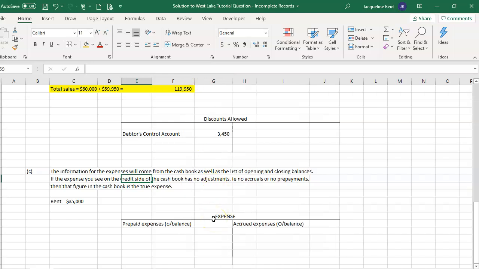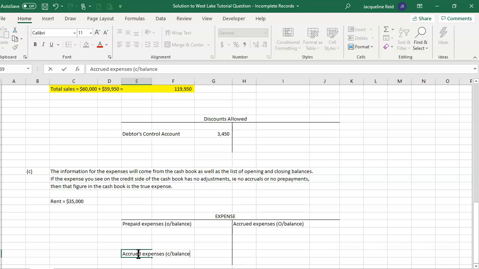And by extension, if an accrued expense is credited for the opening balance, it means that its closing balance must be debited. So if you're closing the year with accrued expenses owing, then the closing balance must be on the debit side. And of course, naturally, if you close the year with prepaid expenses, it must be on the opposite side to the opening balance.